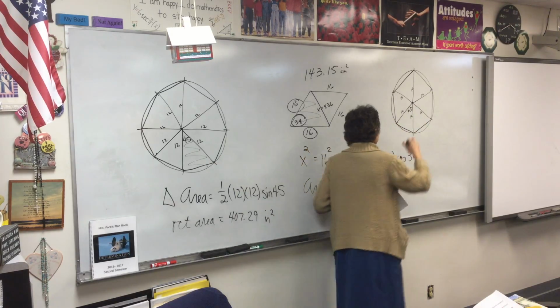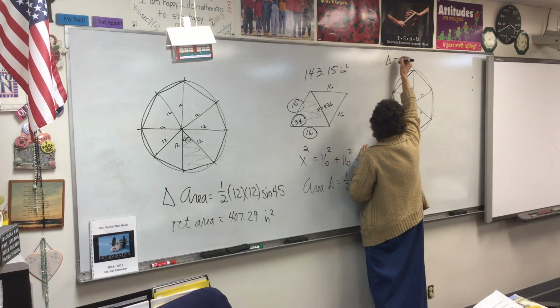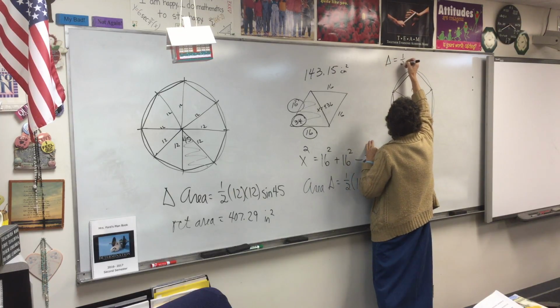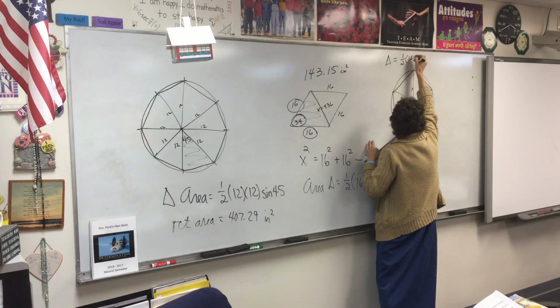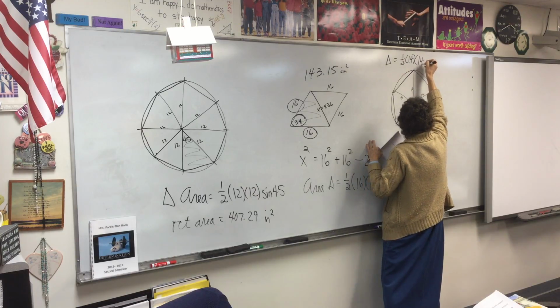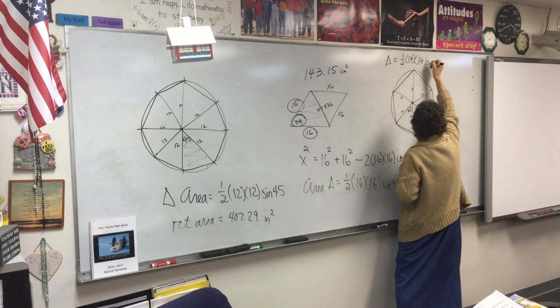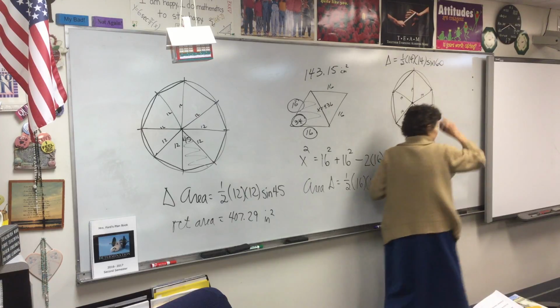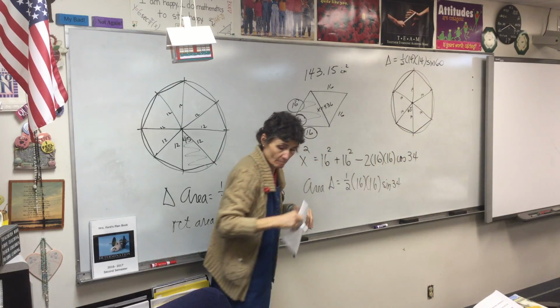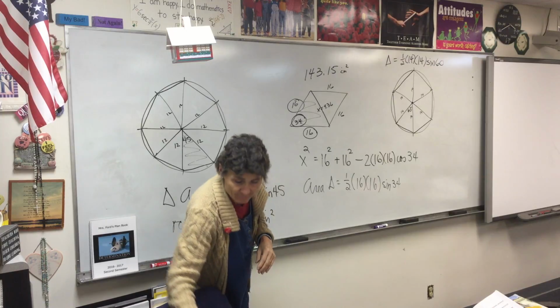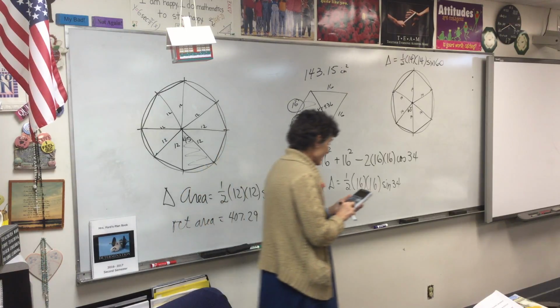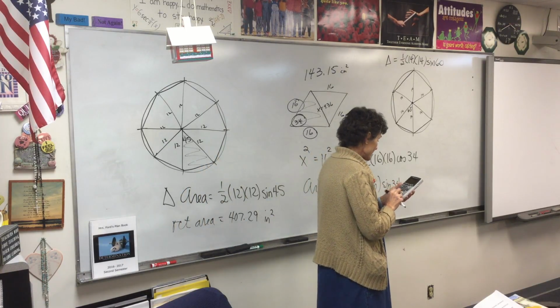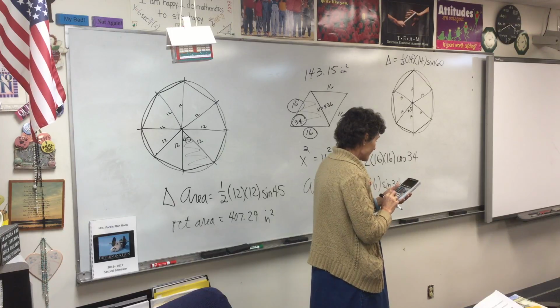So the area of the triangle, 1/2 times 14 times 14 times sine 60.